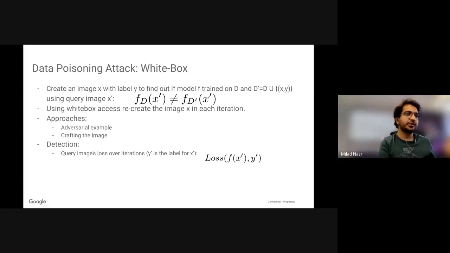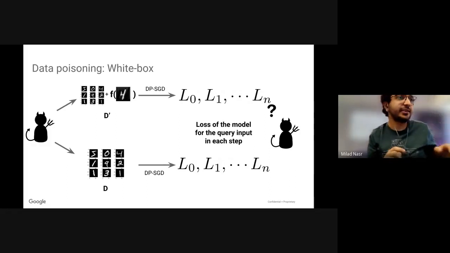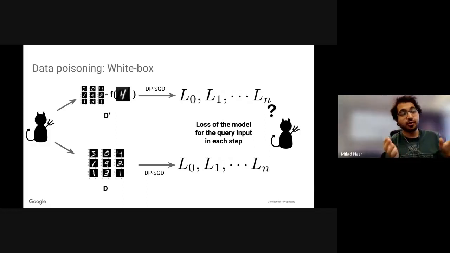To give a visual understanding, we have this query image 4, but we create a different version of that image and add it to the training dataset, which we can change in each iteration. Instead of just looking at the loss in the last iteration, we can look at the loss in each iteration of training. In each gradient step, we look at the loss and see what happens for that query image, for that 4.